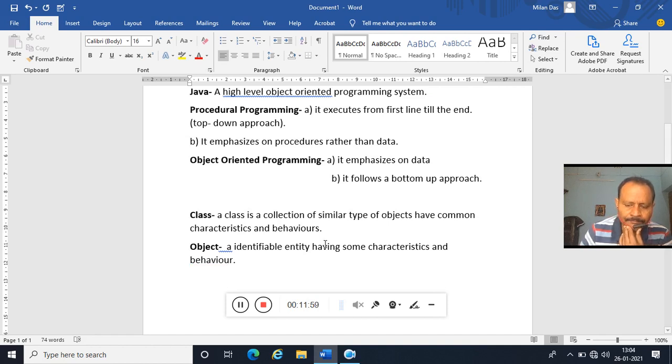For example, I already gave you the example of pen as a class. So all the pens belong to the pen class, but the pen which you use is a particular object.